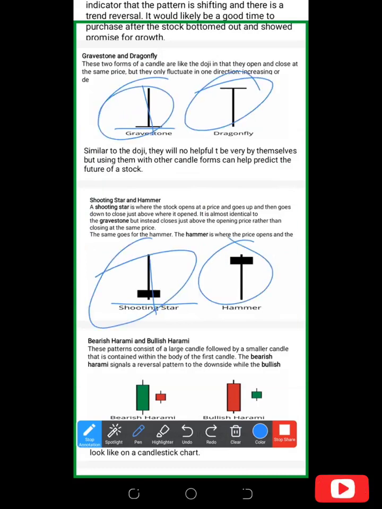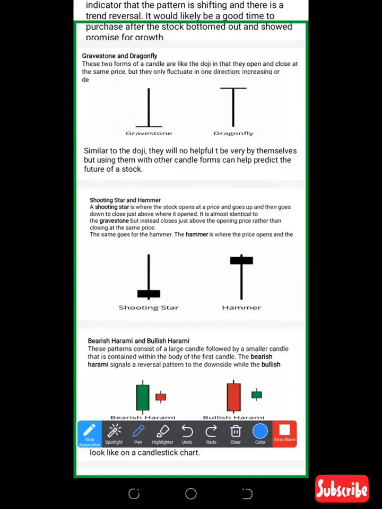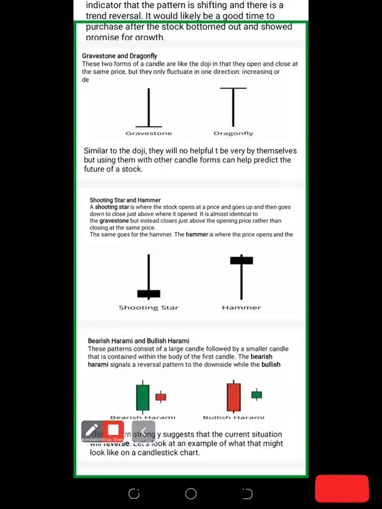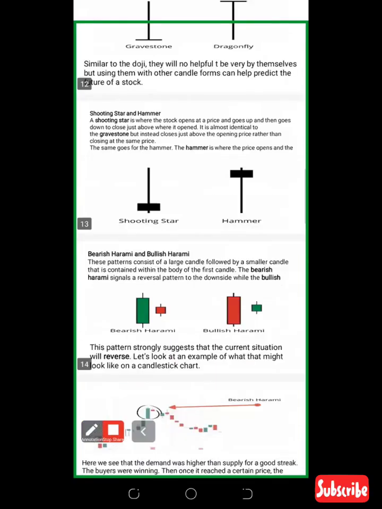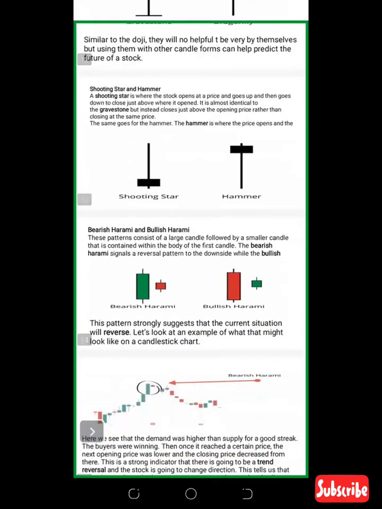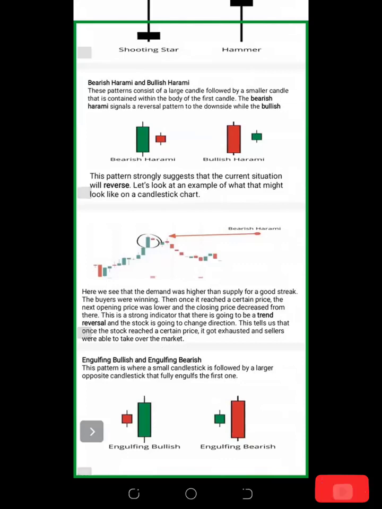It's just simple. So practice it. Please try and practice. All right, so that's about gravestone and dragonfly. Next one will be what? A bearish harami.